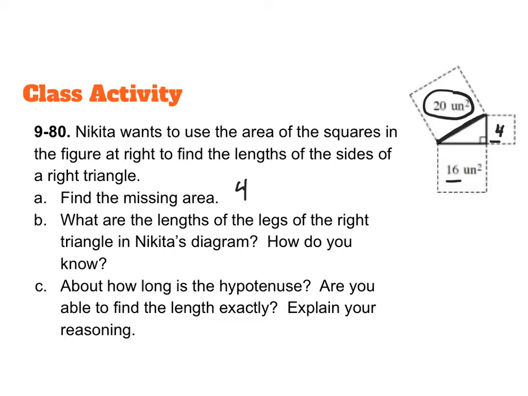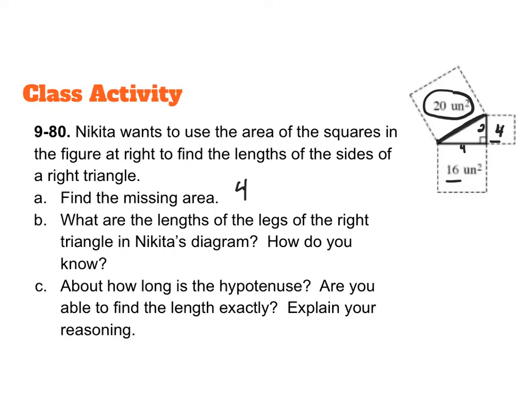What are the lengths of the right triangle in Nikita's diagram, and how do we know? I would start with the ones that are easiest to find. 4 times 4 would make 16, so that side has to be a side length of 4. 2 times 2 would be 4, so the square root of 4 would get us back to 2 for that. And then this one, it's not going to be a nice number like 2 or 4 were.